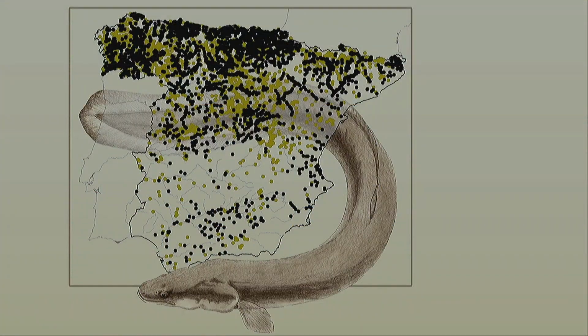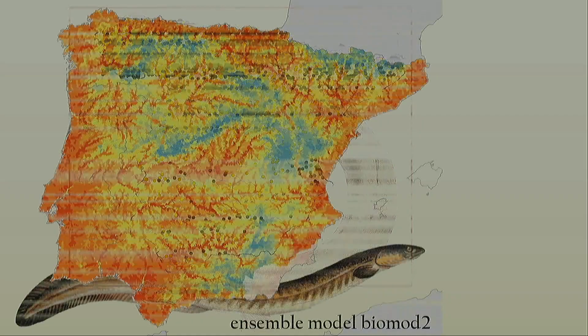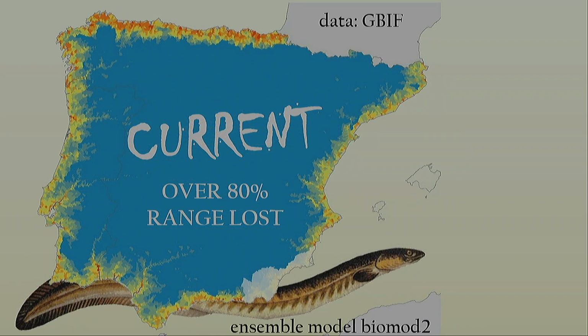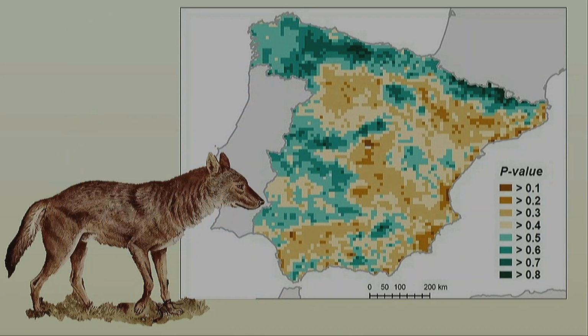We have done that with the European eel. We had the data from the Madoz, so we could model the distribution of the eel in the mid-19th century, and we could compare it with the present situation. It is like that, so it's the huge collapse of the species. We have done it also for the wolf, that Peter showed part of the work on yesterday.